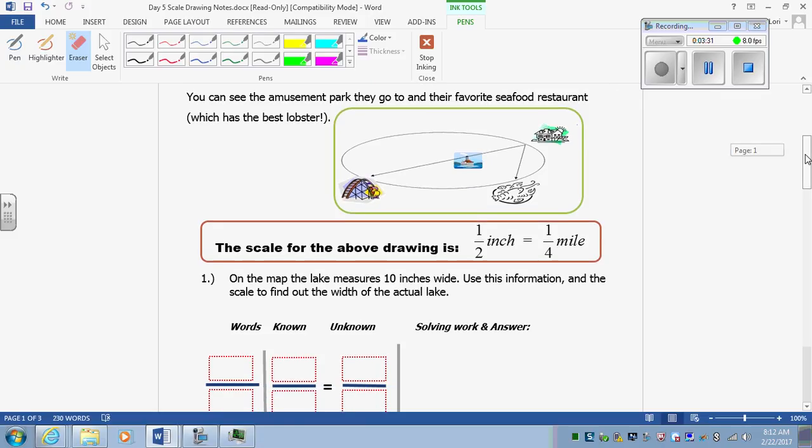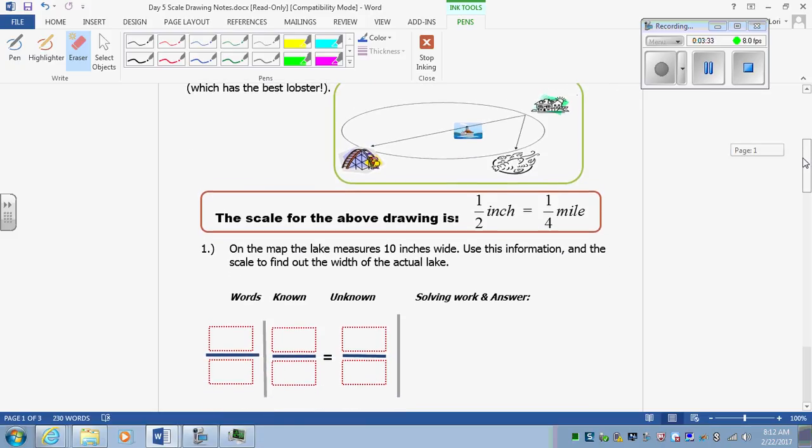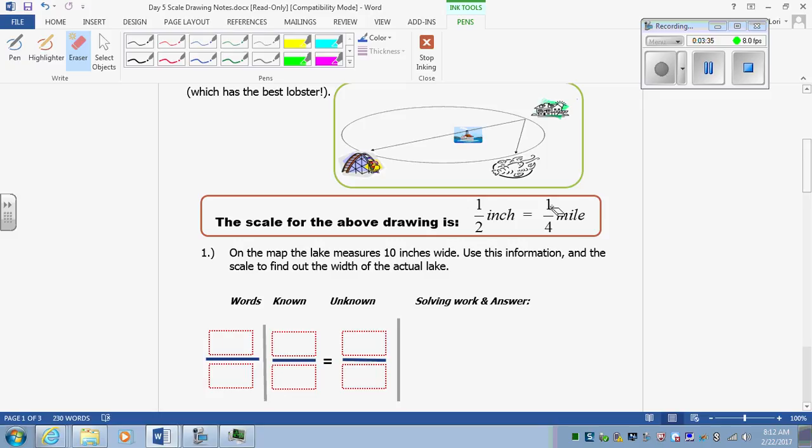So let's look at the scale drawing for the above. We see that 1/2 inch equals 1/4 of a mile. Remember that 1/2 can be expressed as 0.5, and 1/4 can be expressed as 0.25.